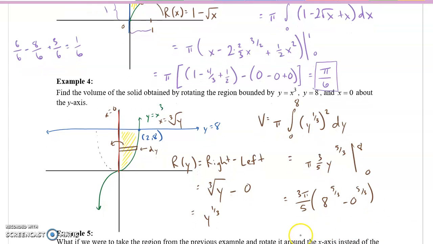Well, take the cube root first, right? Don't take 8 to the 5th power. Take the cube root first and get 2. 2 to the 5th is 32 minus 0. So we end up with 96 pi over 5 as the volume of that right side up bowl that we create over here when we rotate this shape around the y-axis.